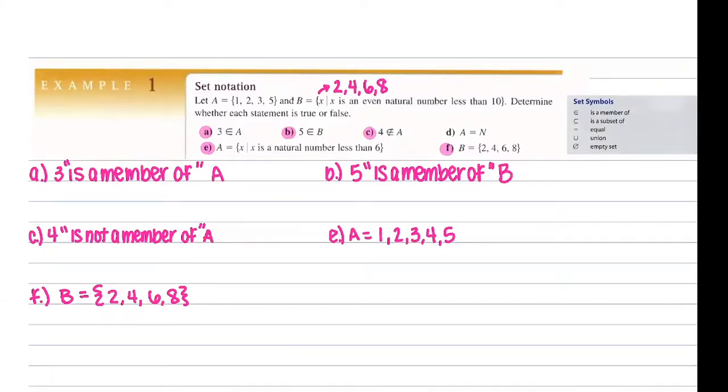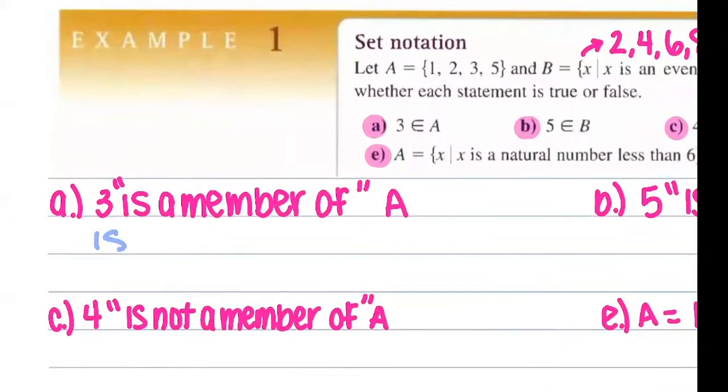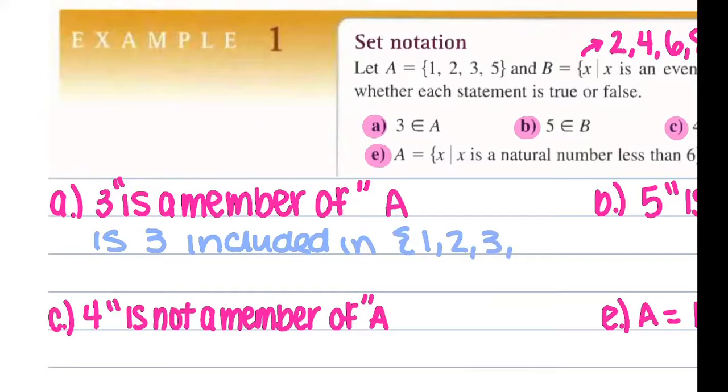Well, A is equal to 1, 2, 3, and 5. So literally, it's asking you, is 3 included in the set of 1, 2, 3, and 5? Well, 3 is in that set, so this one is true.